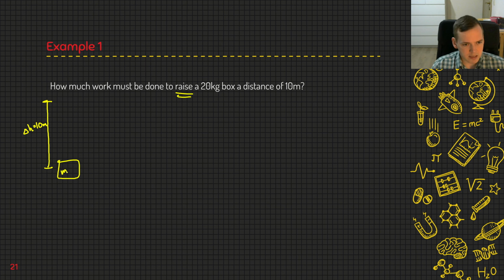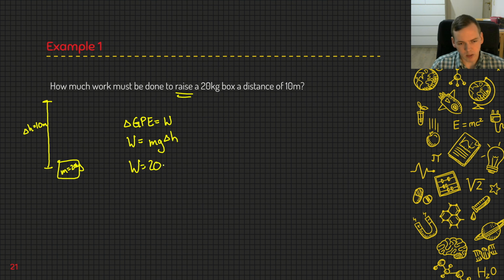And the mass is equal to 20 kilograms. So this is a nice simple one: delta GPE is equal to work, because remember work is changes in energy, so if we want to change the GPE, we need to do work on it. So the work is equal to change in GPE. Work is equal to m g delta h.